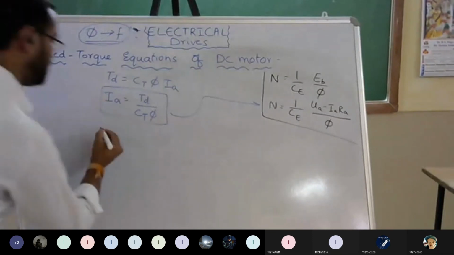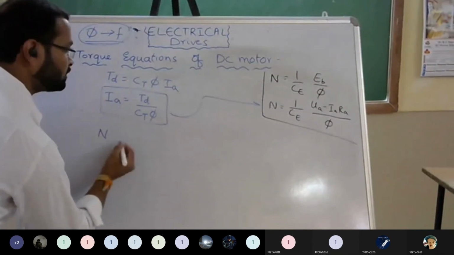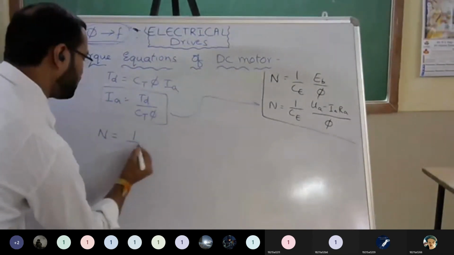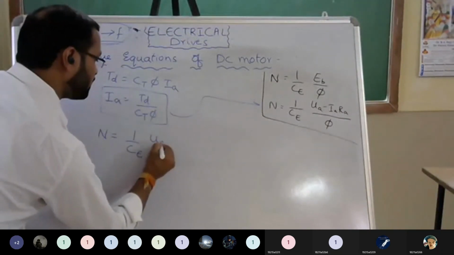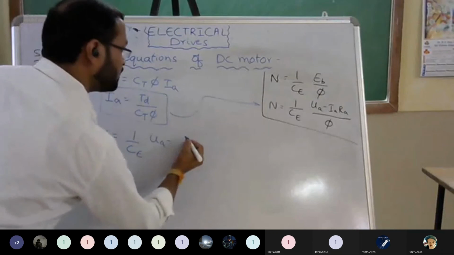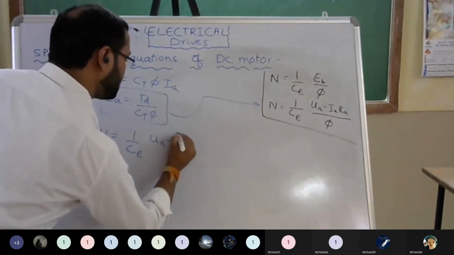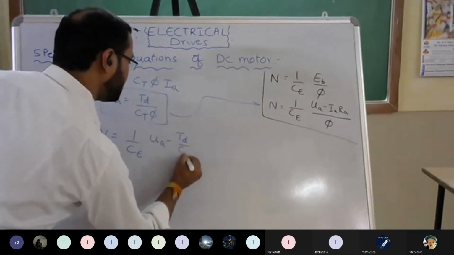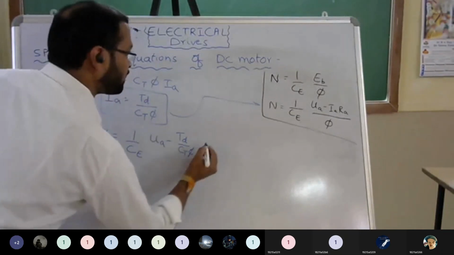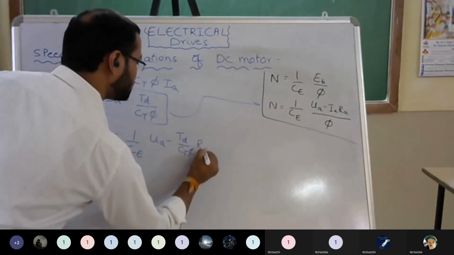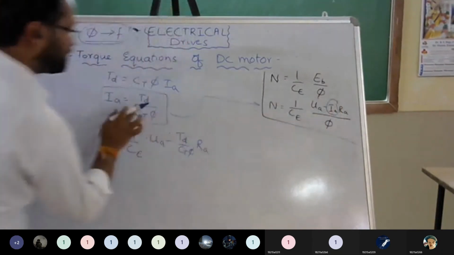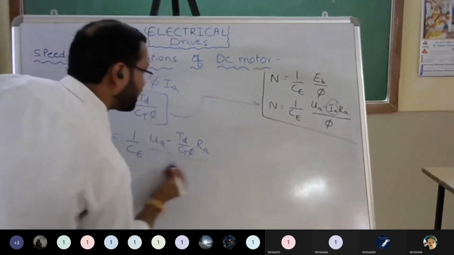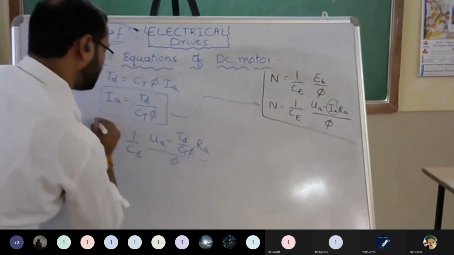So what will we get? N is equal to 1 by Ce into (Ua minus TD by Ct phi into Ra). Instead of IA, we substituted this value by phi.